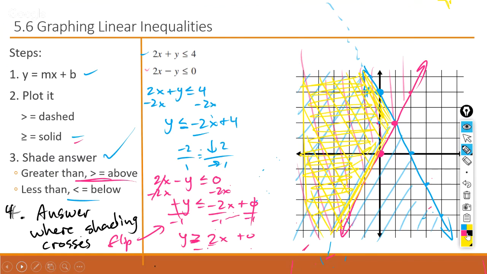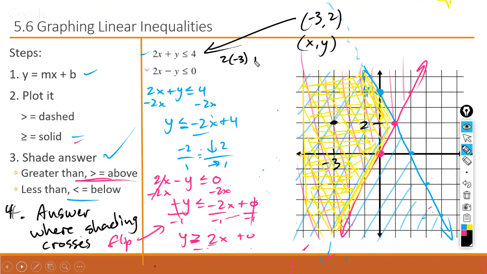And just like before, any one of these points, like right here, I don't know what, -3 and then 2, x, y, -3, comma 2, that will make both of these true. So if I plug it in to the first one and the second one, they'll be true. So 2 times -3 plus 2 less than 4.